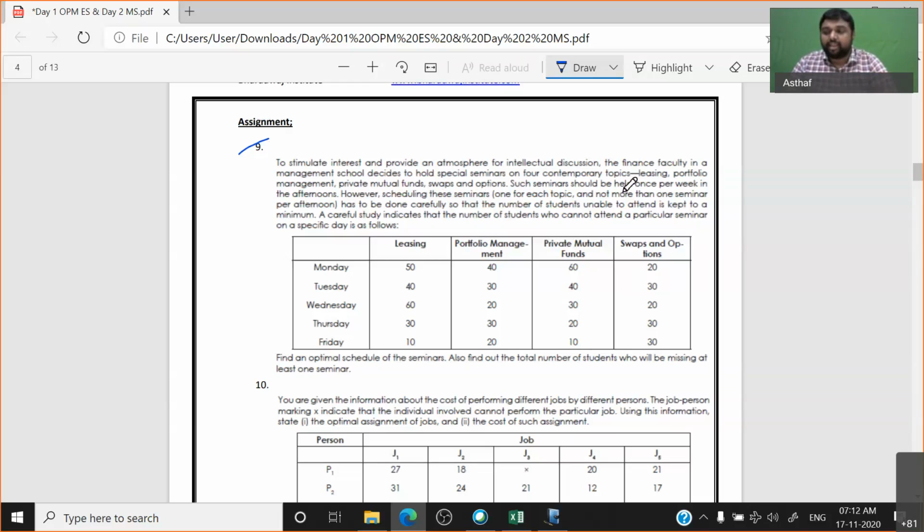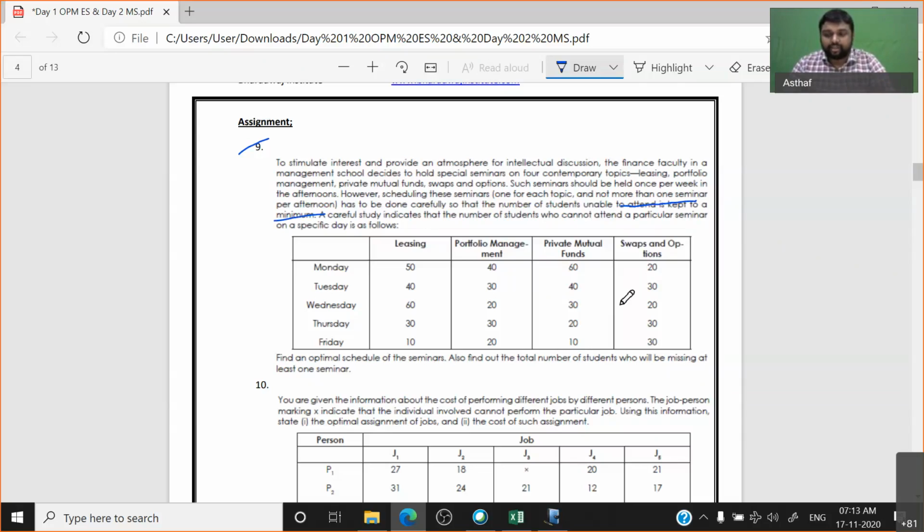Such seminars should be held once per week in the alternate afternoon. However, the scheduling of the seminars has to be done carefully so that the number of students attending is kept to a minimum. So the objective here is minimization. The details of the case study are given.